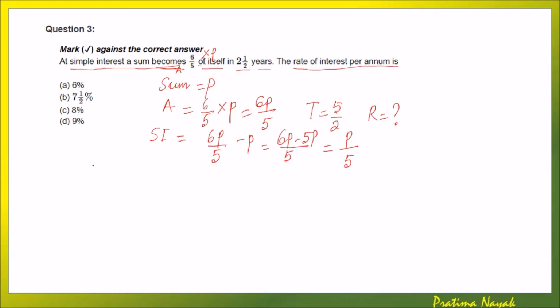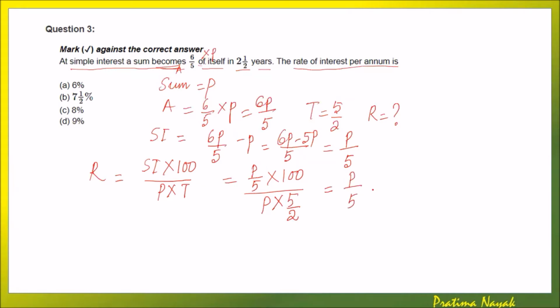Then write the rate formula. Rate is equal to how much? SI, simple interest, multiplied by 100 by P into T. So SI is P by 5 multiplied by 100 upon P multiplied by T. T is 5 by 2. Simplify this. So how to simplify?